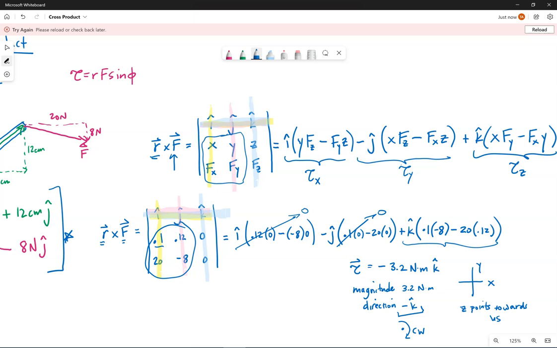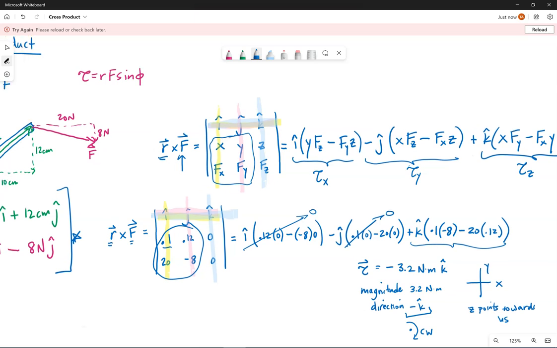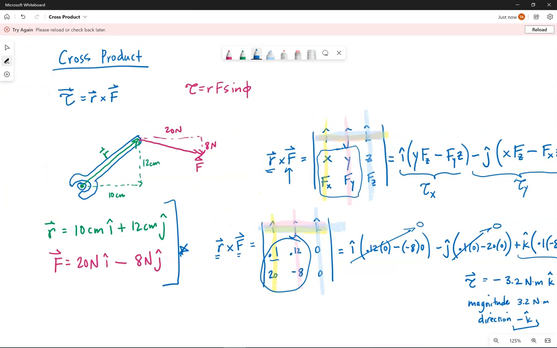Now, as far as torque problems are concerned, whether you use the cross product or what we've been doing in previous videos, use whichever one's easier. If you can find the angle, then for sure, just run with that. The main situation I would solve the cross product for is if the information is given to me in terms of components.